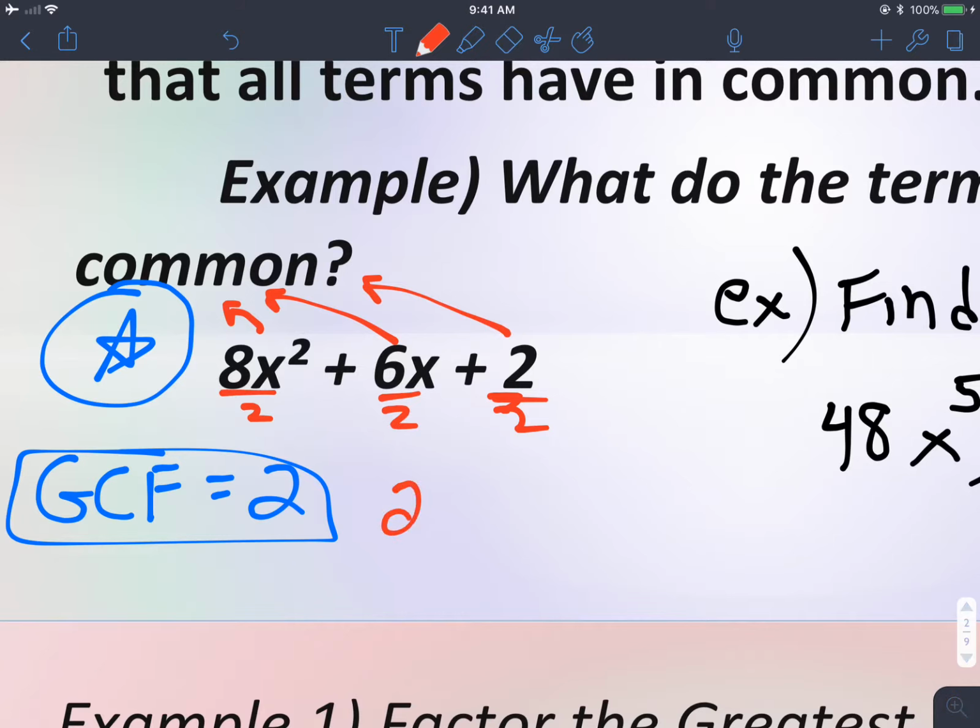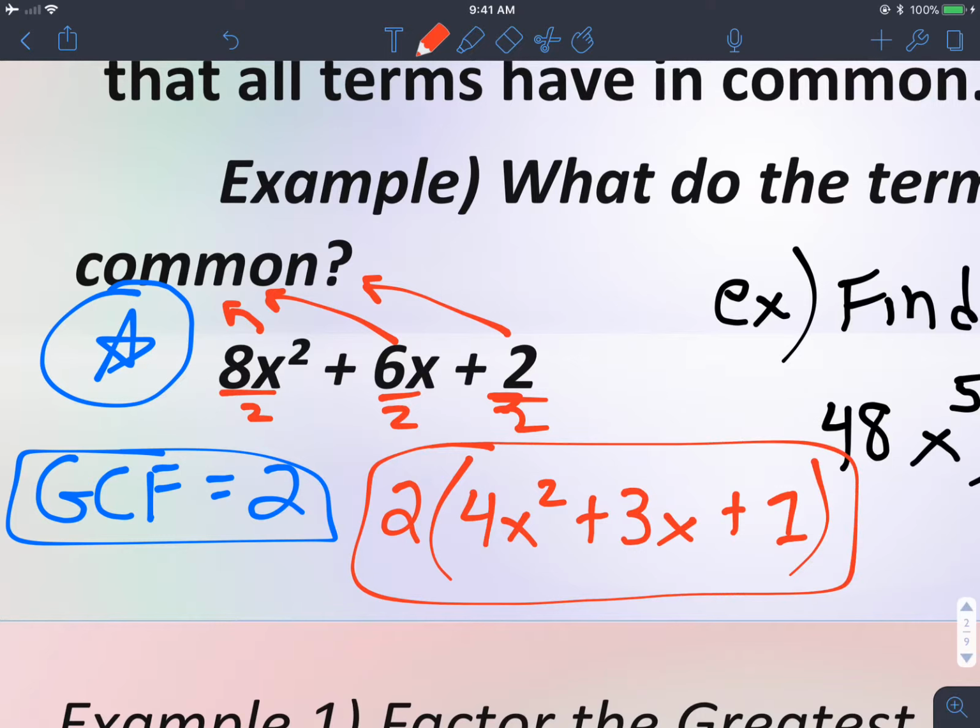So I pull that 2 out in front and then I write 4x squared. 6 divided by 2 is 3. Leave the x. And then 2 divided by 2, you pull it out and that's 1 left over. So you have to write that 1. So this is factored.